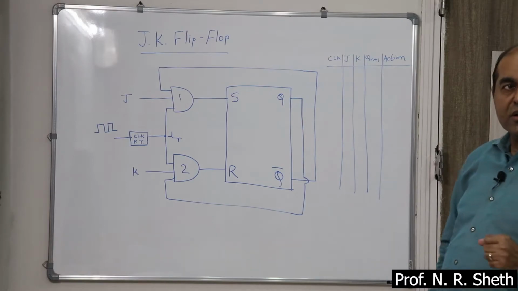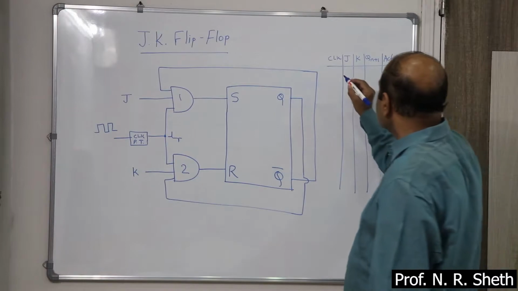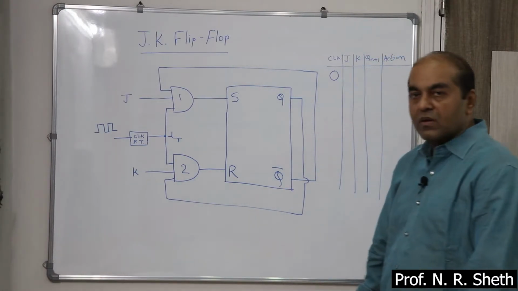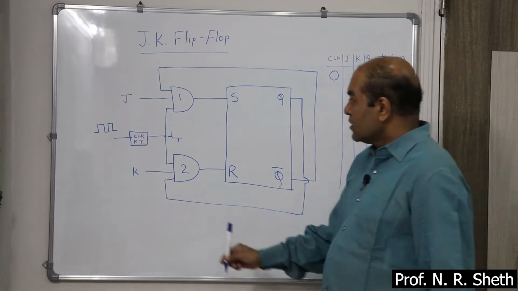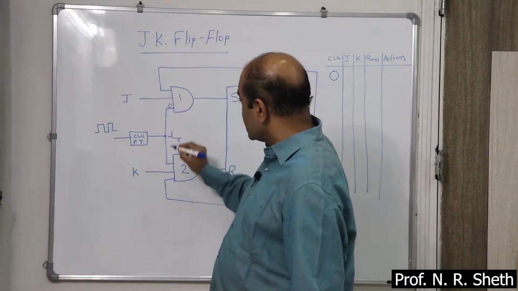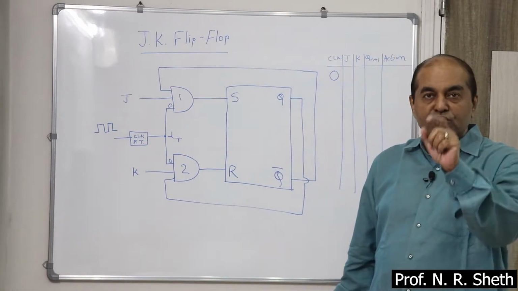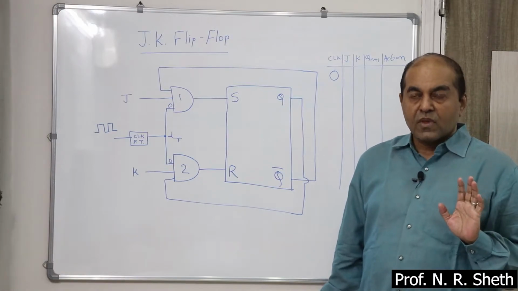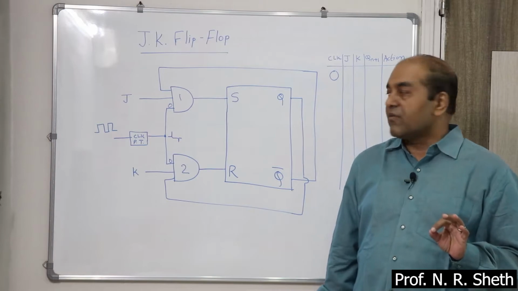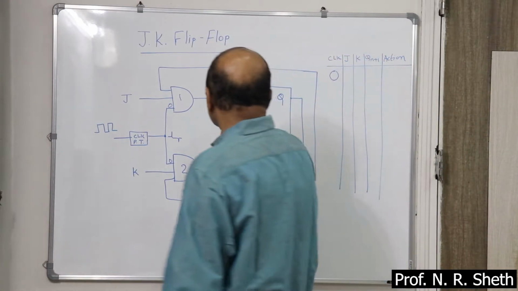Let's assume that the clock pulse is 0. So at least one input of AND gate 1 and 2 is 0. And you know that when any input of an AND gate is 0, its output is 0.